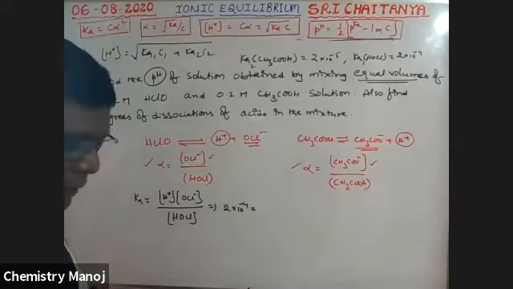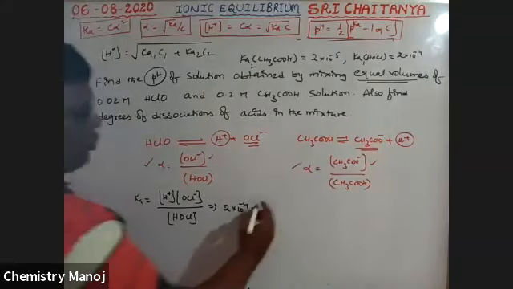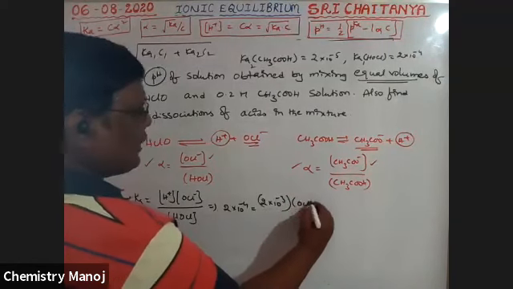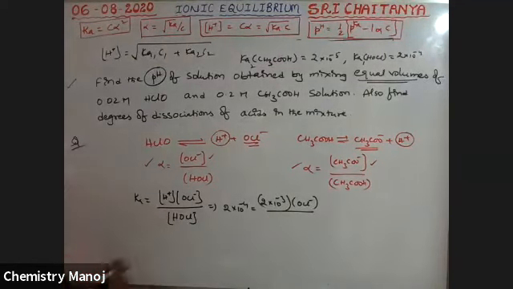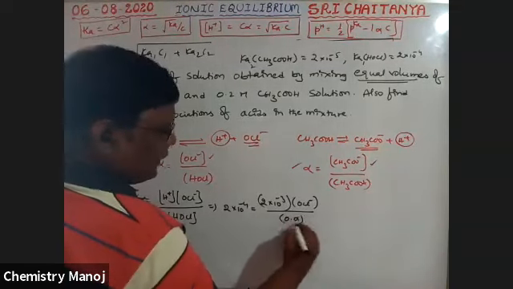Already we calculated it: 2 into 10 power minus 3, into OCl minus concentration by the HOCl concentration in the solution. How much is the HOCl concentration? That is 0.01 in the solution.